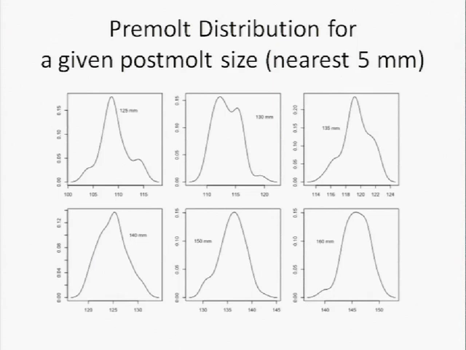So when the post-molt is 125 millimeters, that is the distribution of the pre-molt. Likewise, here are all the crabs where the post-molt is 160, and there's some variability as well. Within each one there is some variability.